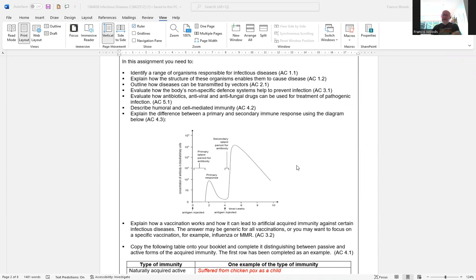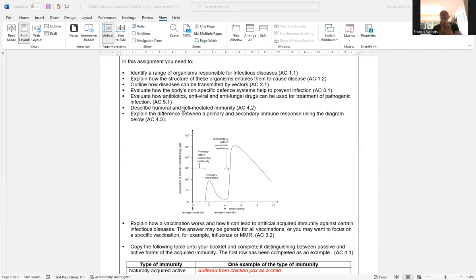In our third PowerPoint, we looked at 5.1 about the use of drugs, antibiotics, antivirals, and antifungals, where we saw that these drugs target particular structures within each of these categories of microorganisms, and that the reason why antibiotics don't work on viruses or fungi is because they are structurally different.